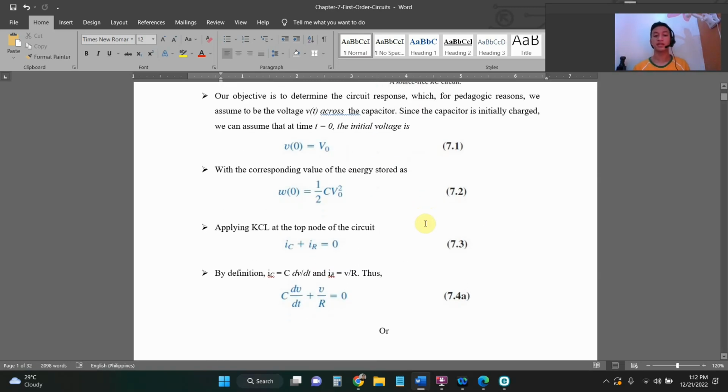By applying KCL at the top node of the circuit, we have the current in the capacitor plus the current in the resistor equals 0.